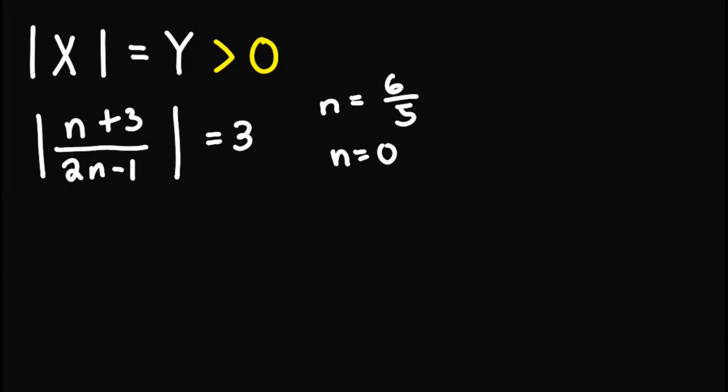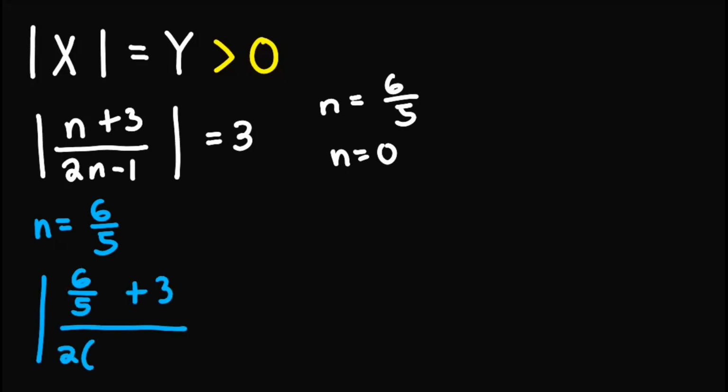To verify if these solutions are indeed correct, let's plug them back into our equation. At n equals 6 over 5, we have the absolute value of 6 over 5 plus 3 over 2 times 6 over 5 minus 1. By some manipulation to remove the denominators, we can multiply 5 over 5 to this.